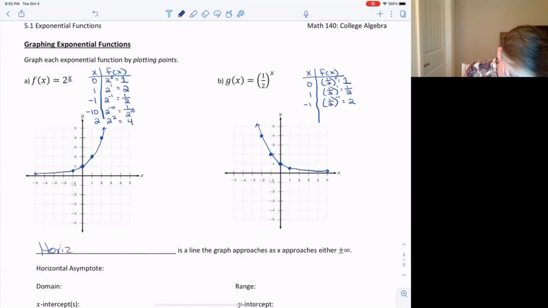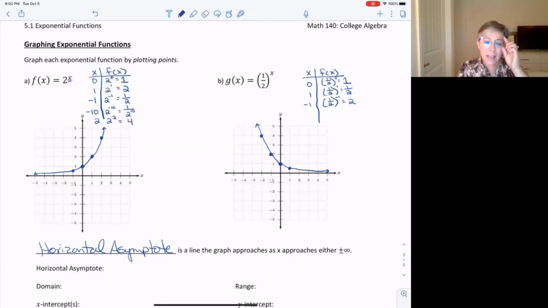So I want to talk about something called the horizontal asymptote. This is a line that the graph approaches as x goes either towards positive infinity or negative infinity. For example, in the first graph on the left, it's getting really close to this line here, which would be y equals 0, as x is approaching negative infinity.